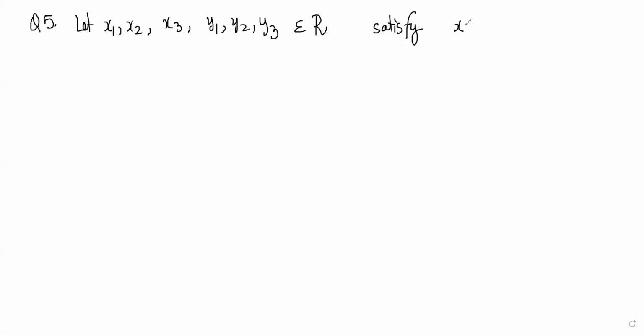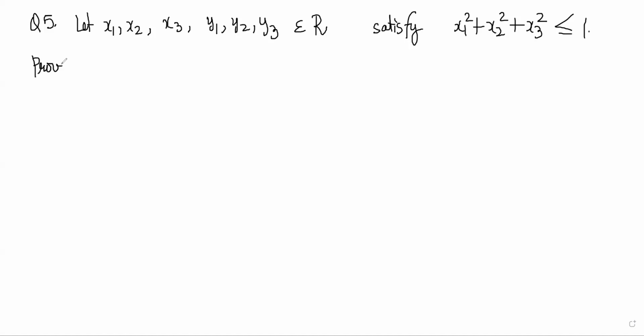This says, let x1, x2, x3, y1, y2, y3 belong to real and satisfy x1 square plus x2 square plus x3 square is less than or equal to 1.